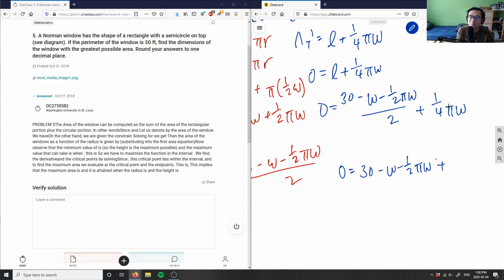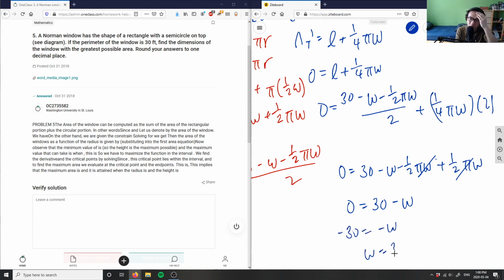In this case, I can multiply this term here by 2, right? And I would get half pi w here. Pi w and half pi w cancel out. So 0 here equals 30 minus w. And then I would get negative 30 equals negative w, and w here equals 30 here.